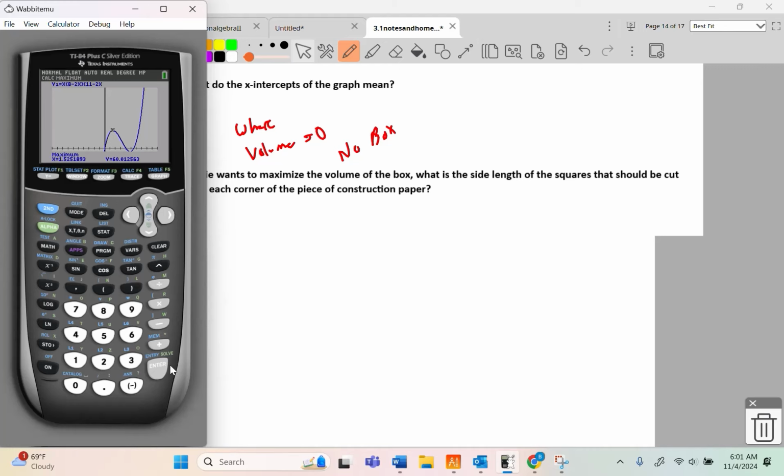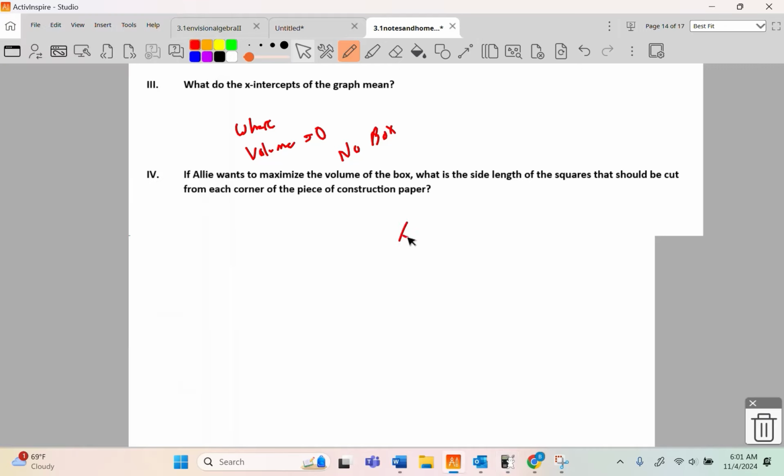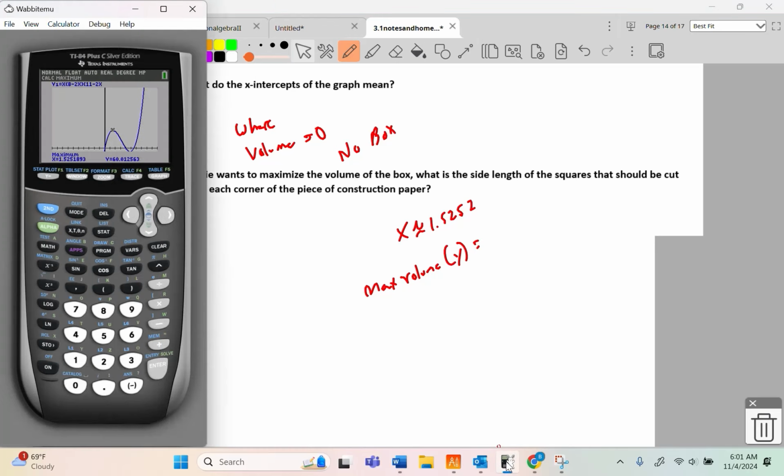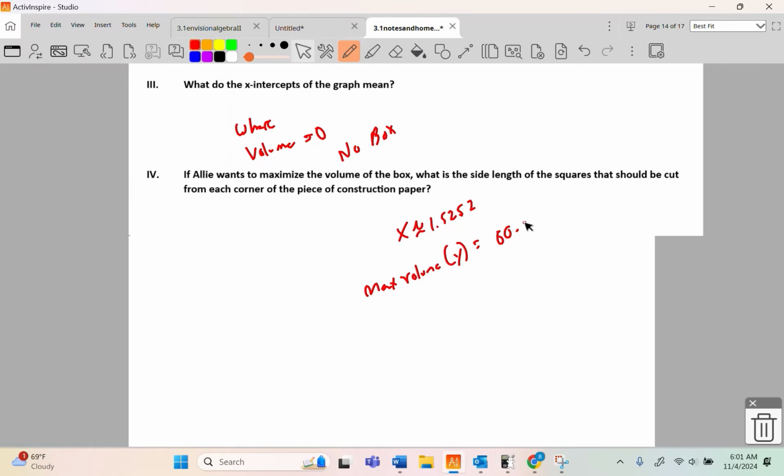The x value that maximizes it is 1.5252. And the max volume, y, is 60.0126 cubic units.